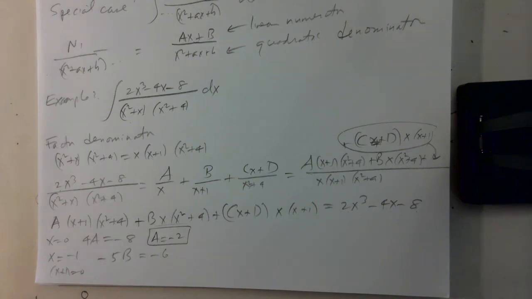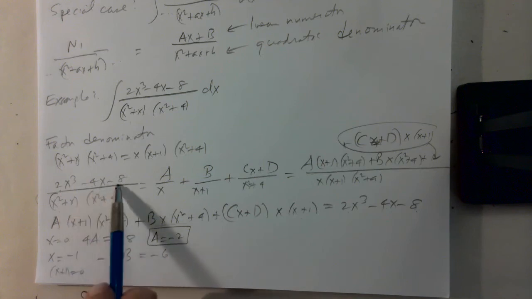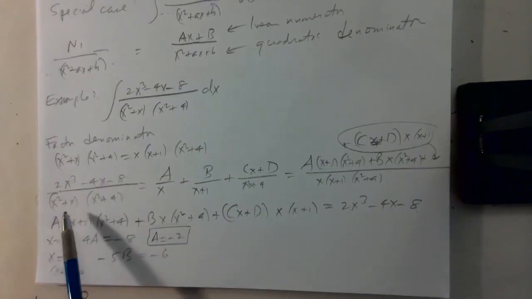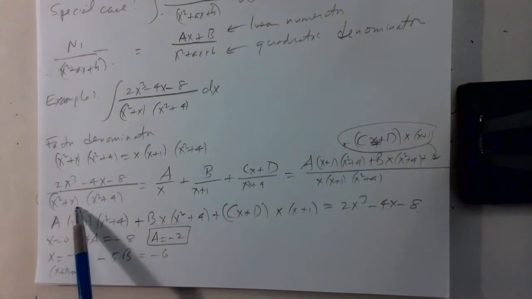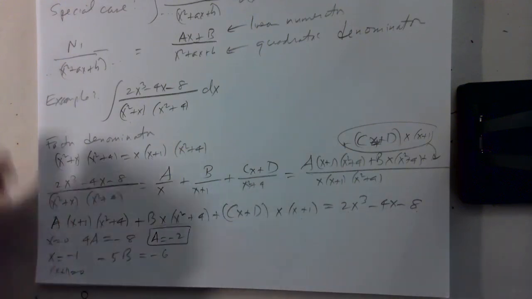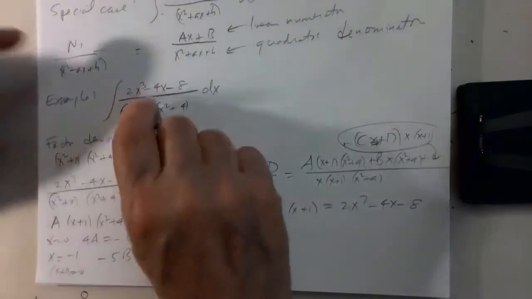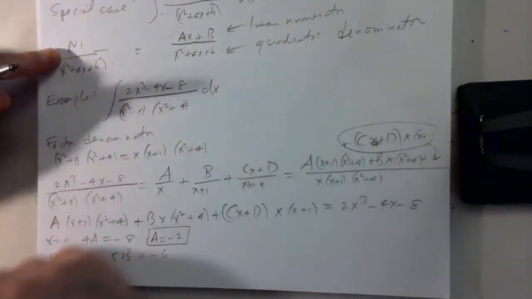So I'm a little bit skeptical about that, so I'm just going to review what I did to make sure there's no mistake. So we have this numerator, 2x cubed minus 4x minus 8. The denominator is x. I wanted this to be the example that's in the book. In the book, this is x minus 1.